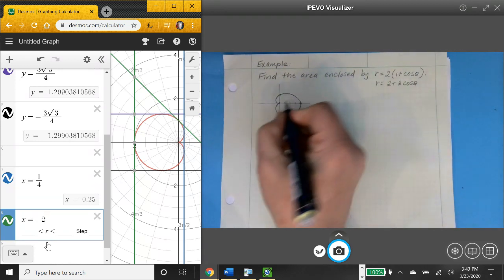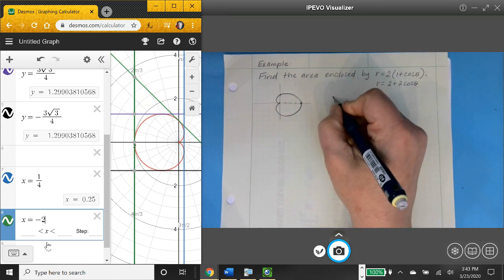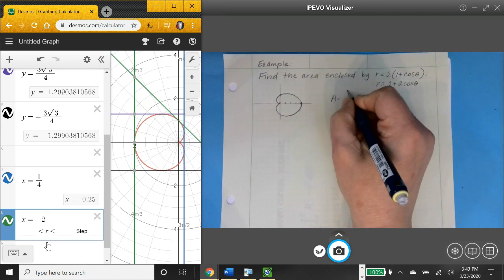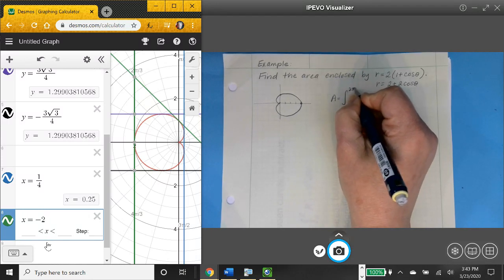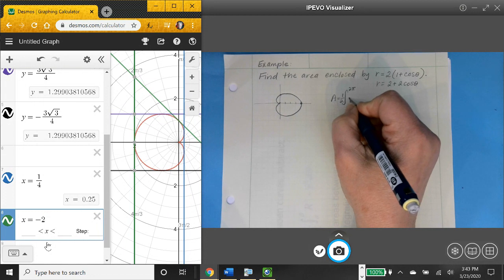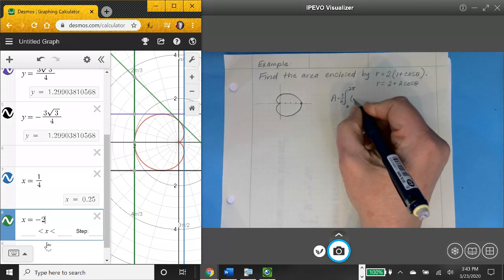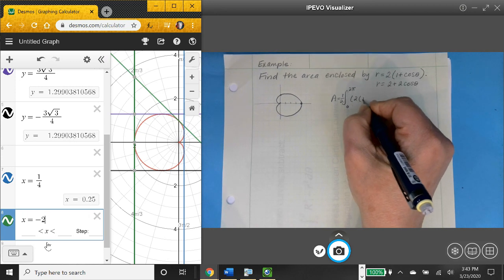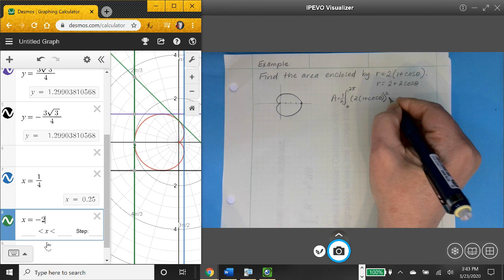Because this is a polar curve, the area is equal to the integral from 0 to 2 pi, and I'm going to bring the 1/2 out here, of r squared, which is 2 times 1 plus cosine theta, quantity squared, d theta.